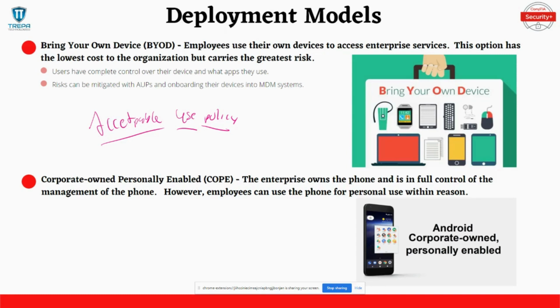Most of the time, in a COPE deployment, social media applications will not be installed, unless the managers in the company allow social media to be installed on the phone. So essentially, the enterprise is in full control of the phone and the management of it, but the employees can still use it for personal use within reason, right? They can text, they can call, but maybe they won't allow TikTok or Instagram to be installed.